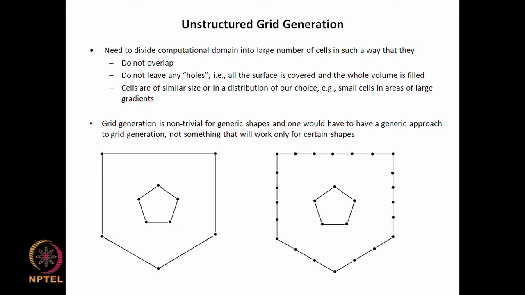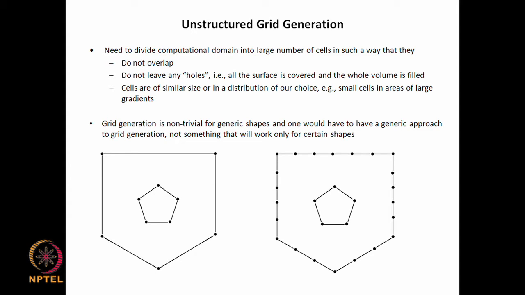At the same time there should not be any overlaps, and the whole volume needs to be filled by the cells that we have chosen. So from the individual cells we should be able to reconstruct the entire bounding surface and the entire volume through which the flow is flowing.